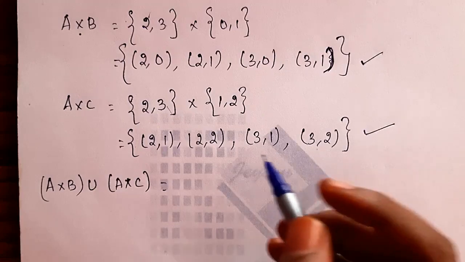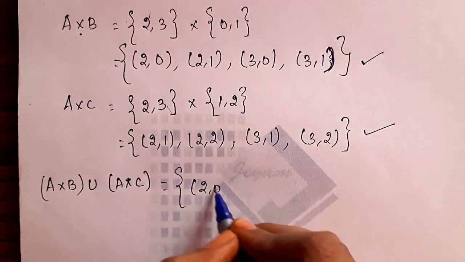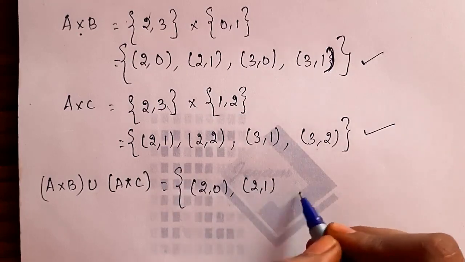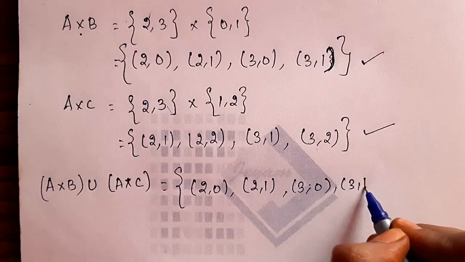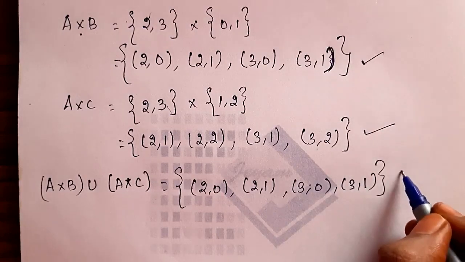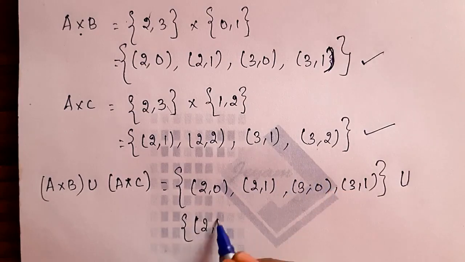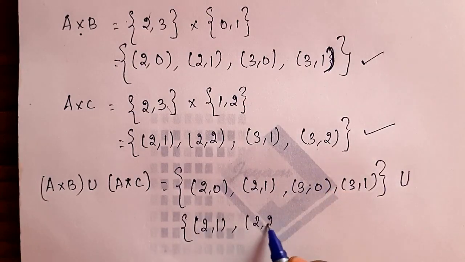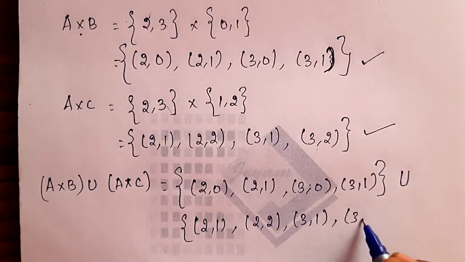Just you can write this one first: 2, 0, 2, 1, 3, 0, 3, 1. This set union, the next set is this one: 2, 1, 2, 2, 3, 1, 3, 2.